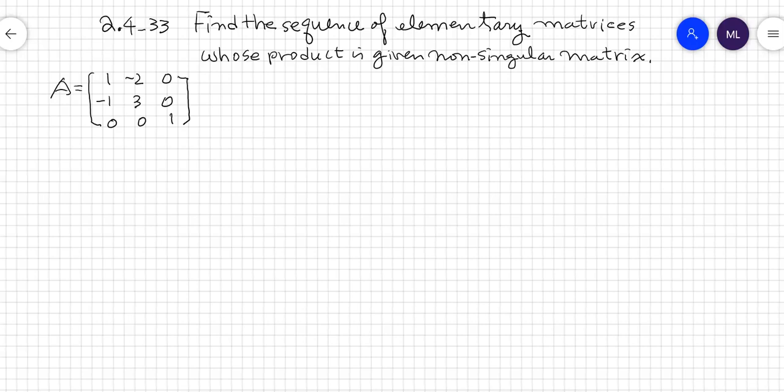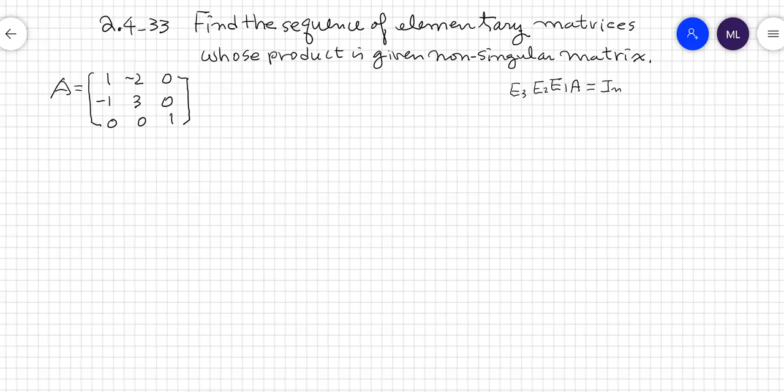So what they want in this question is, suppose you do E1, E2, E3 by operating elementary matrices, and suppose you get the identity.